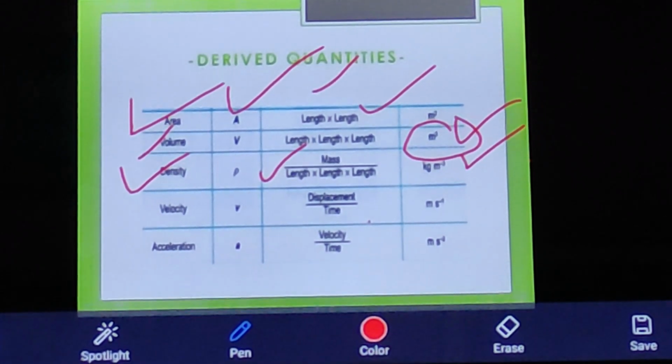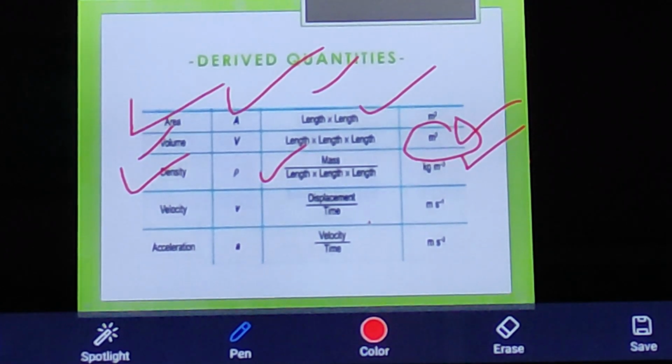So meter per second by second is meter per second square, that is meter second to the power -2. Clear? By using this we can calculate all the parts.